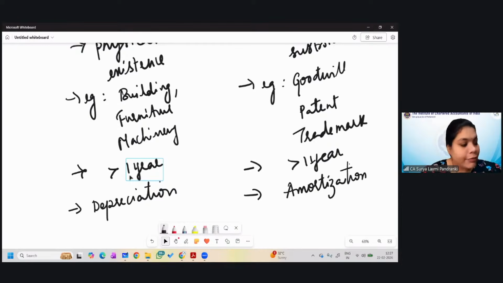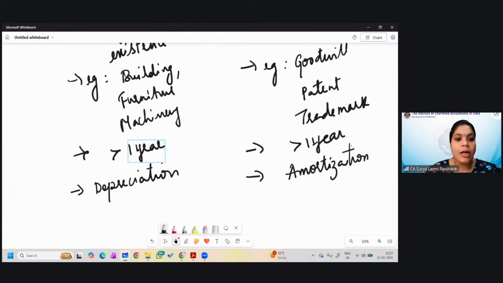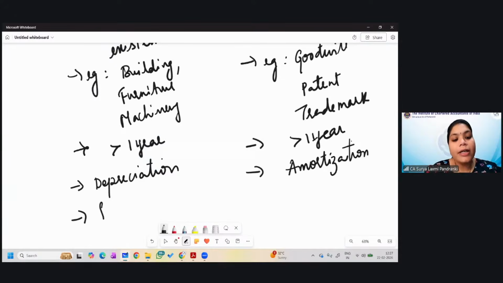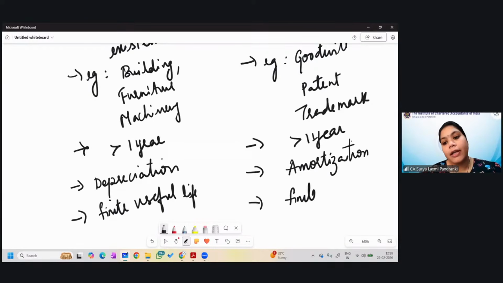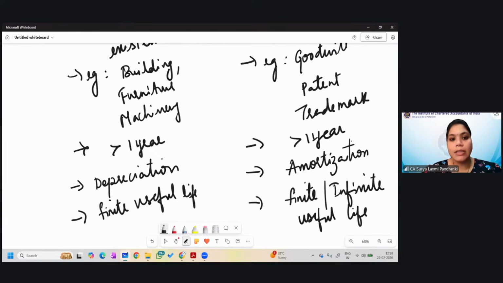Now, what is the other difference? When you talk about tangible and intangible, mostly here it is finite useful life, and here it can be finite or infinite useful life also. So what is this finite, infinite useful life? Let us discuss this.